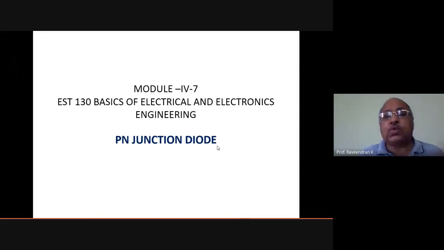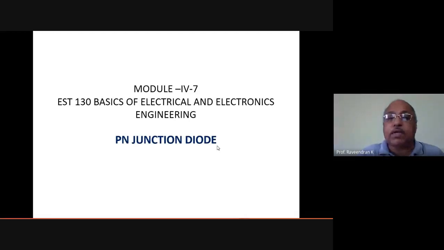By using these two types of semiconductor material, if we form a junction, that particular junction can show a lot of behavior in the electronics engineering field. This junction, made by p-type and n-type semiconductor material, exhibits certain peculiar properties that make it possible to devise certain kinds of devices in electronics.